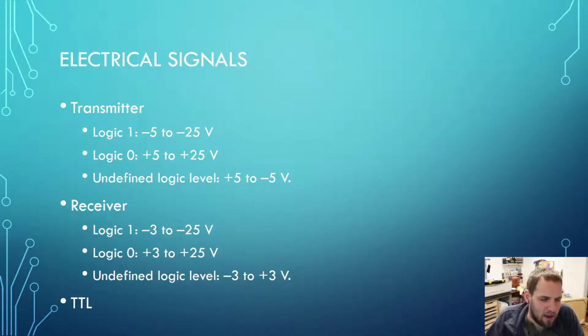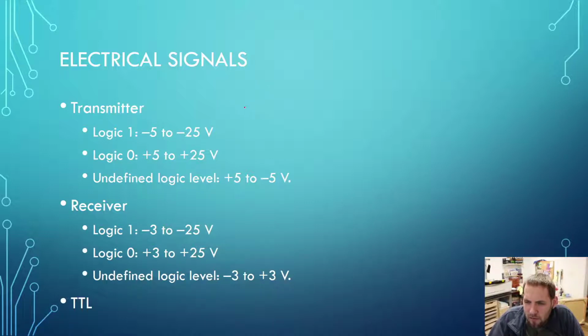Now, when we get to electrical signals, all right, when it comes to RS232, and this I actually find very interesting, the transmitter, if it's going to transmit a logic of 1 or a true value, it is -5 volts to -25 volts.